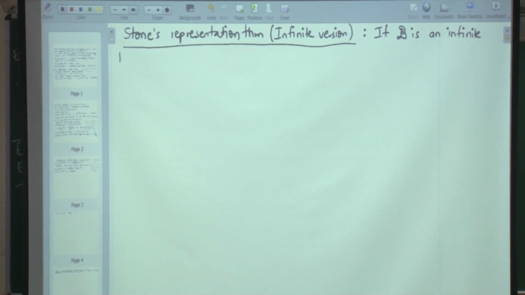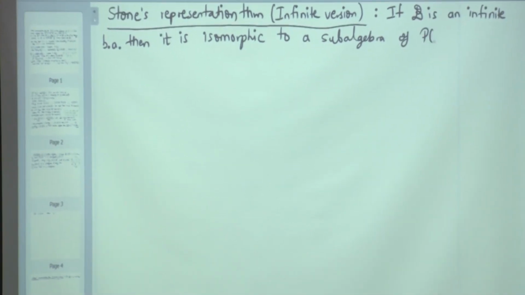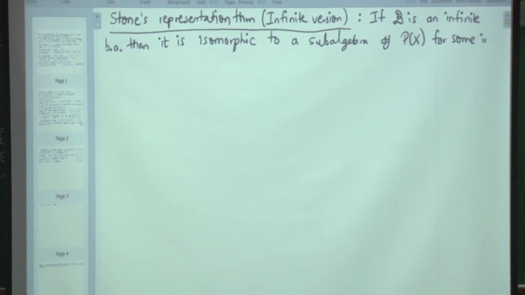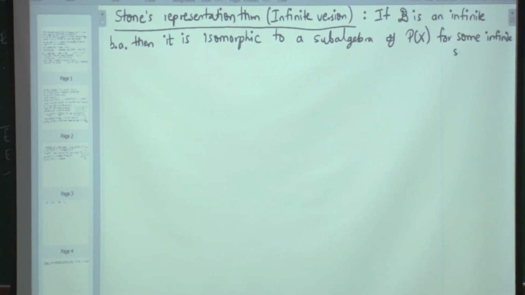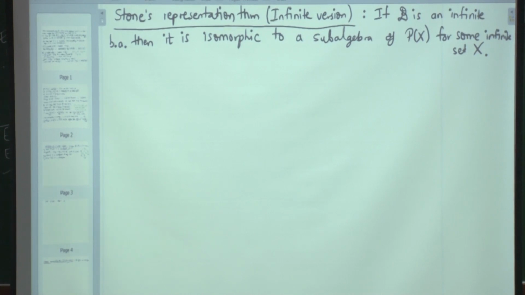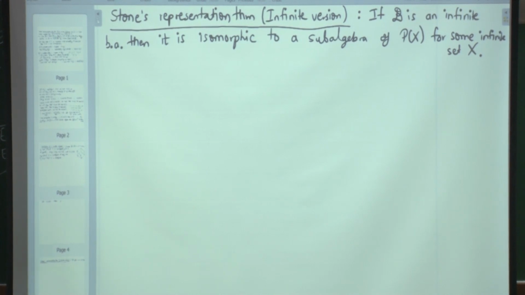If B is an infinite Boolean algebra, then it is isomorphic to a subalgebra of PX for some infinite set X. So in general, what we are not requiring is that every Boolean algebra is a power set algebra.